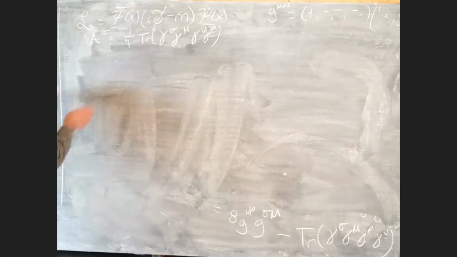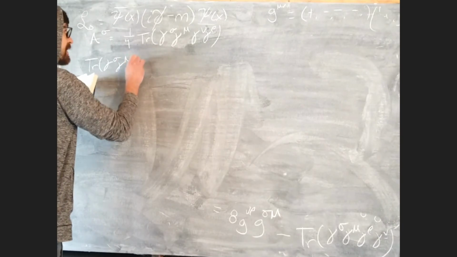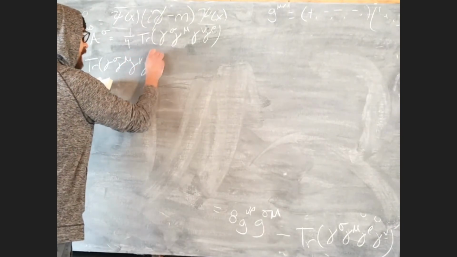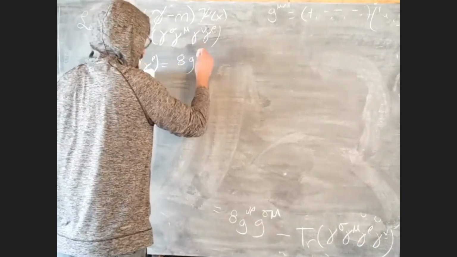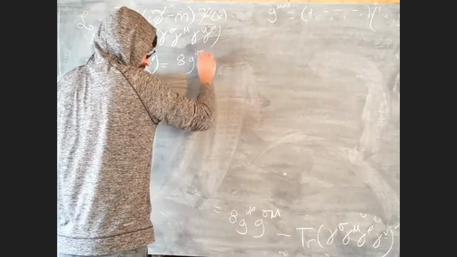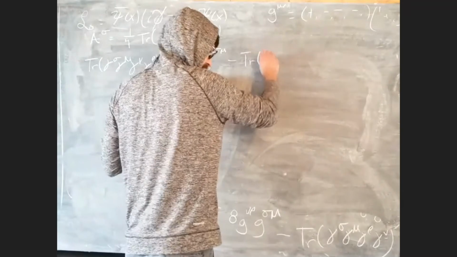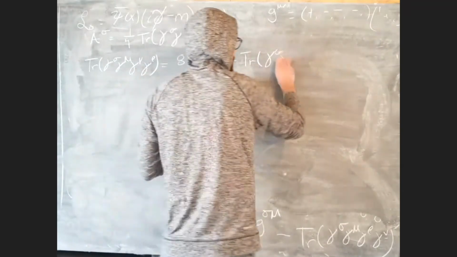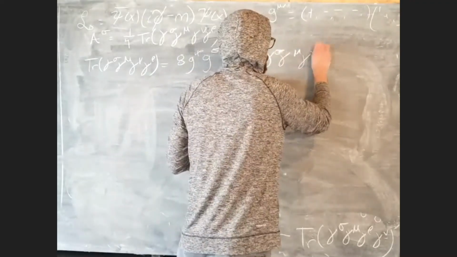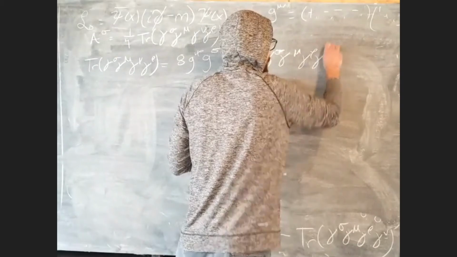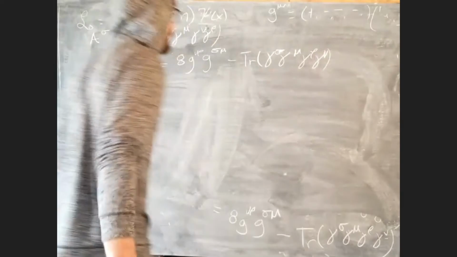So we started with the trace of gamma sigma, gamma mu, gamma nu, gamma rho is equal to 8 g nu rho g sigma mu minus the trace of gamma sigma gamma nu, mu, gamma rho gamma nu. Now, like I said, here the only thing that happened is we permuted the nu and the rho.